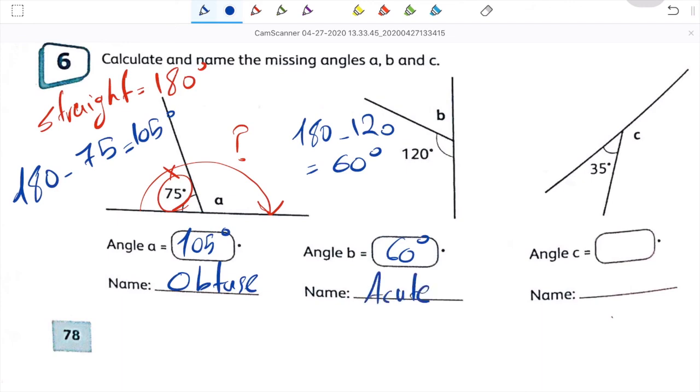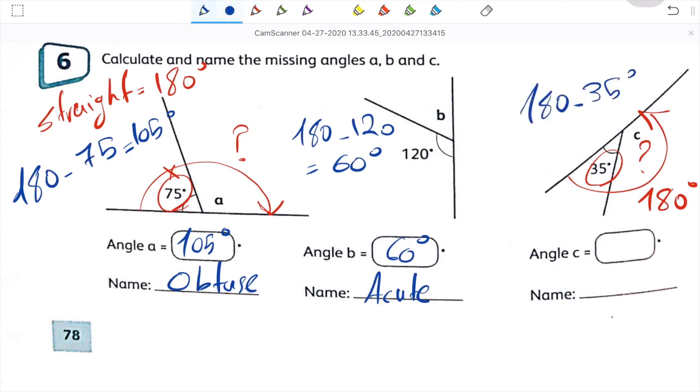About angle C, if this part is 35 and the whole angle from here to here is 180, then what is left for part C will be 180 minus 35 degrees, which is going to give us 145 degrees. So angle C is 145 degrees, which is an obtuse angle.